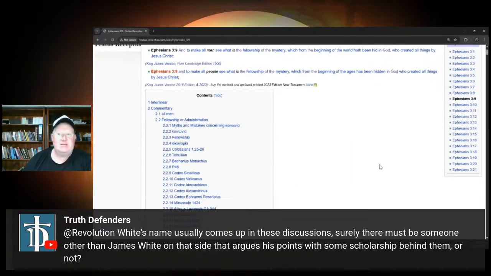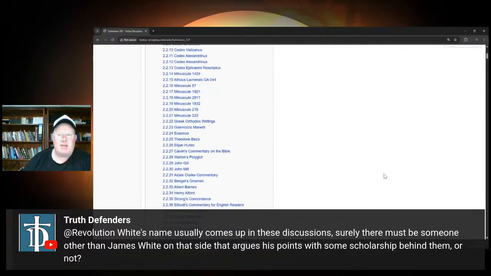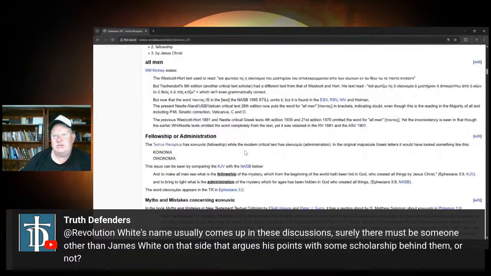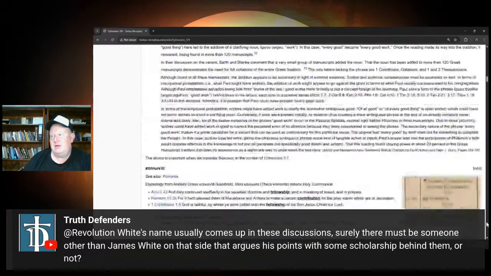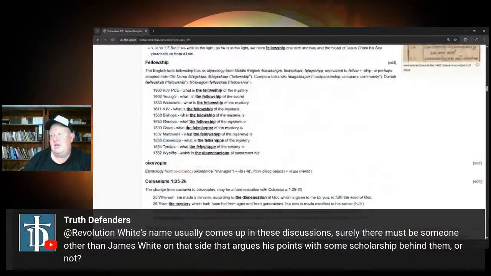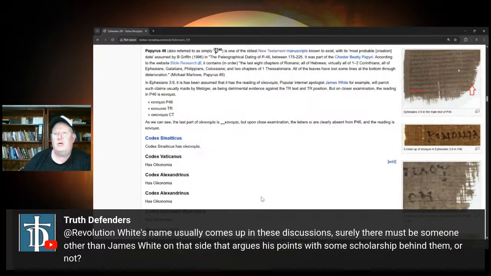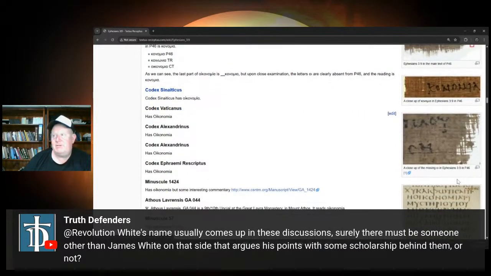Now, James White said there's no manuscripts that back up Ephesians 3:9. If he just goes to my website, he can clearly see the pictures. P46 doesn't say oikonomia or koinonia, it has konomia, which is interesting. So it doesn't side with either, but it seems closer to koinonia to me.